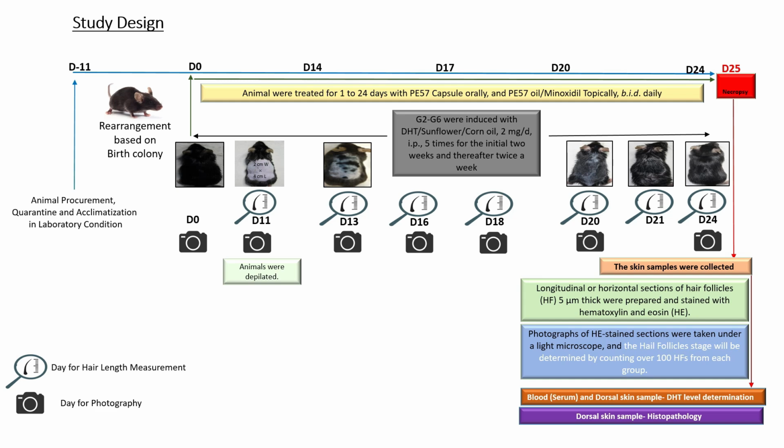On day 1, groups 2 to 6 were induced with DHT at a 2 mg dose IP, 5 times for the initial 2 weeks. It means for the first 2 weeks we have to induce DHT 5 times, and on day 11 the animals are depilated, their hair is removed and weighed.